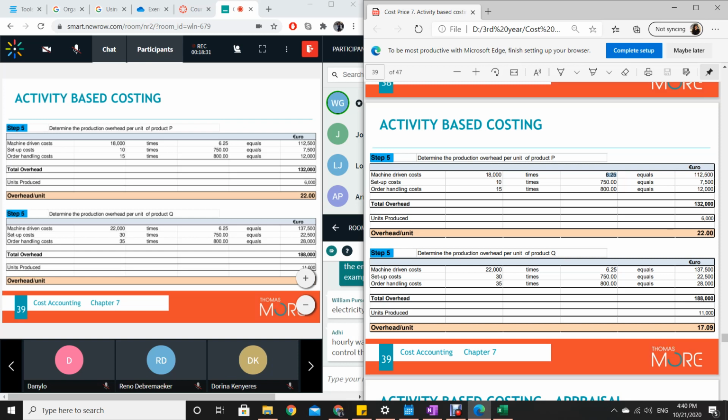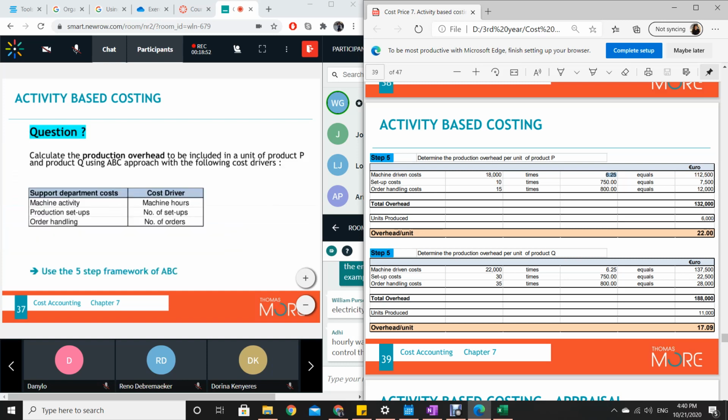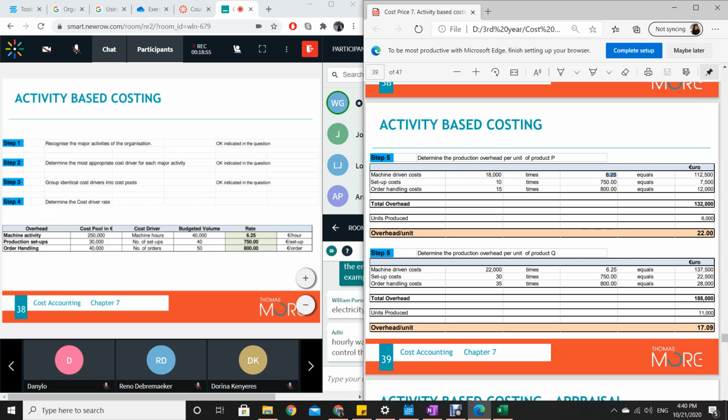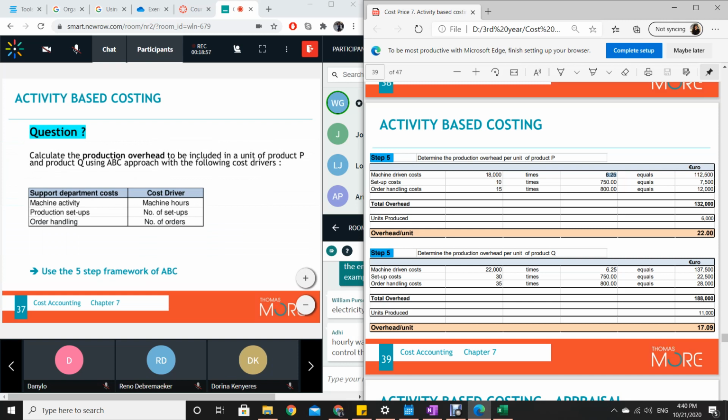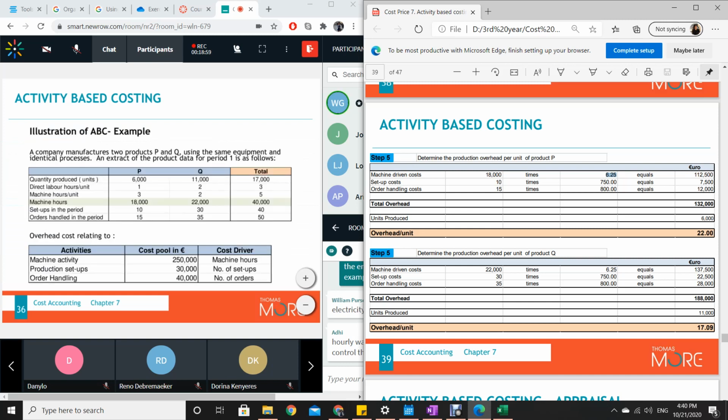But it's important to see that when we make the full calculation, of course, the 188,000 total overhead of product P plus the 132,000, which is in total 320,000, is of course exactly the same as the initial overhead cost, which you see here in the cost pools, 250 plus 30 plus 40.